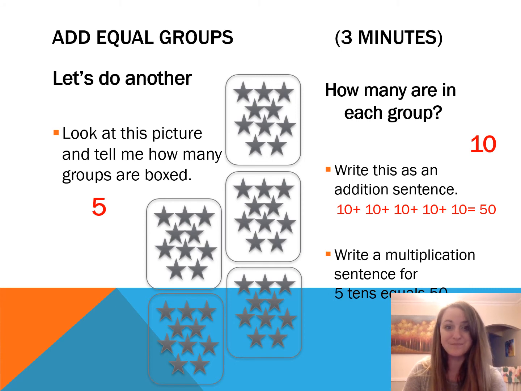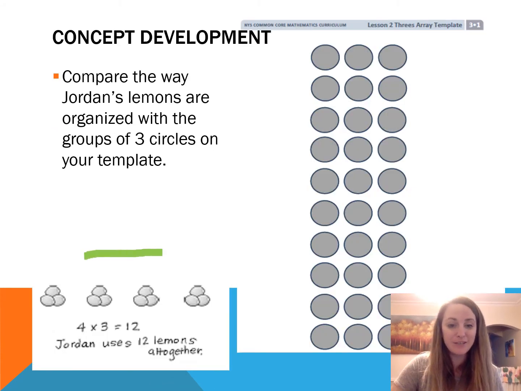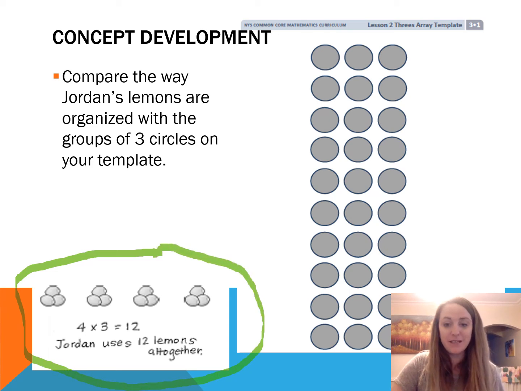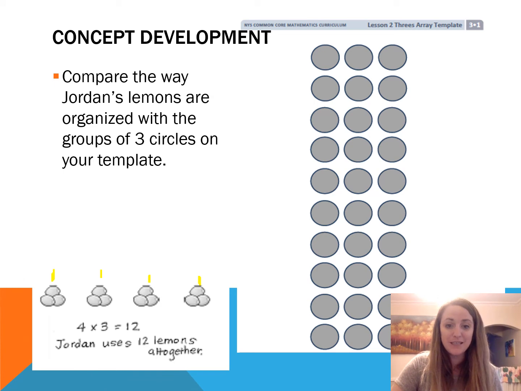Great job! Look at the multiplication story problem that you see at the bottom of the screen. Here we see 4 groups, 1, 2, 3, 4, and there are 3 lemons in each. That's why it's a 4 times 3 equals 12, because there are 4 groups of 3.